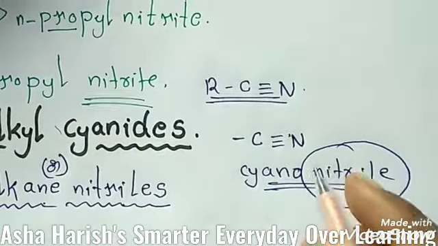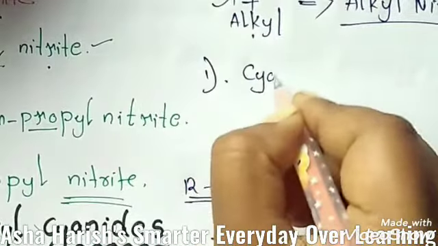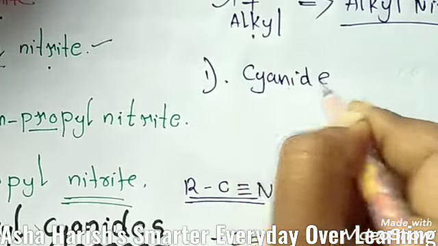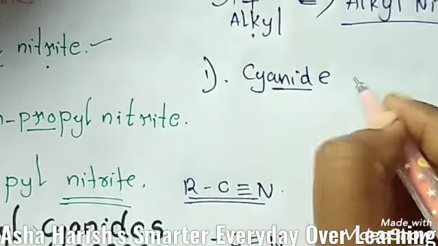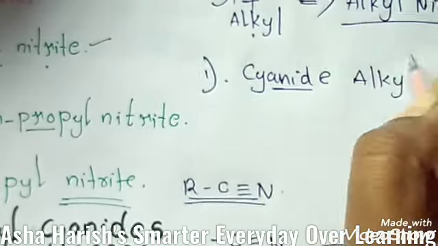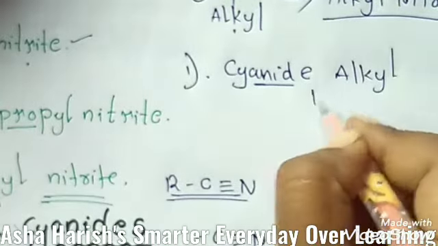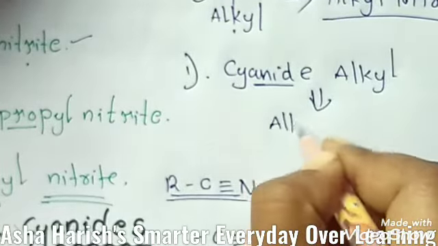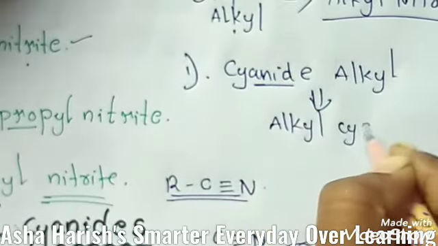Common names: the first point, add the suffix cyanide to the name of the alkyl group. Then what you should get? Alkyl cyanide.